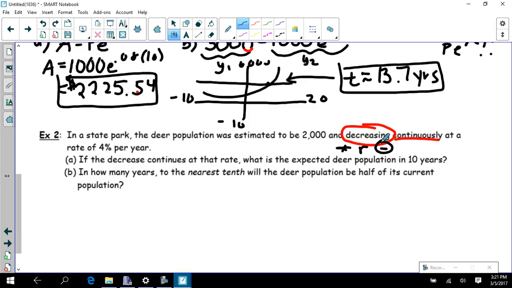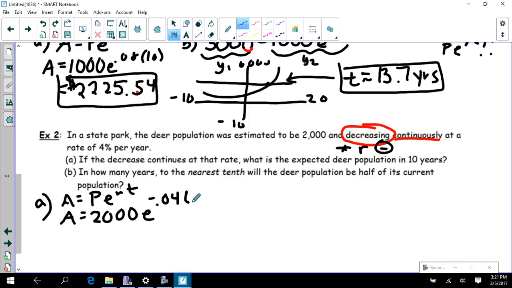Okay, so part A. We want the expected population. So I'm using PERT. I'm solving for A. So A is equal to the initial population, which is 2,000, times e to the, now instead of 0.04, it's negative 0.04 because the deer population is decreasing, times T. And oops, actually we know what T is too because we want it in 10 years.